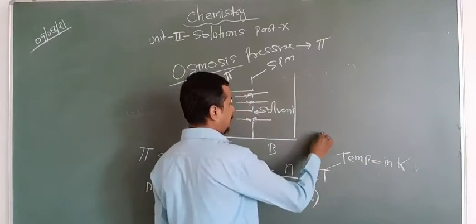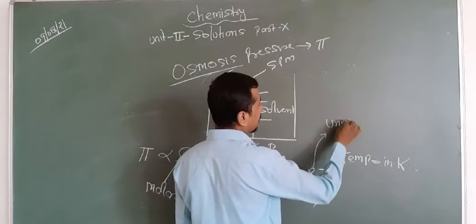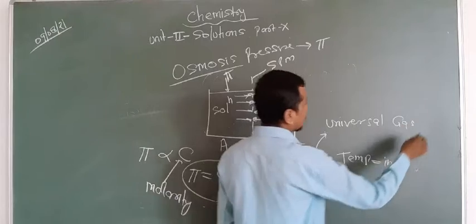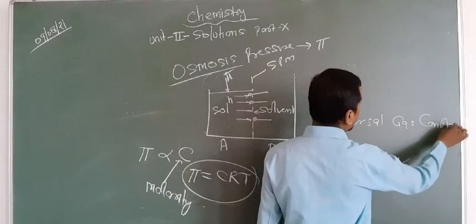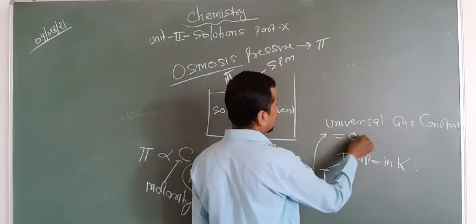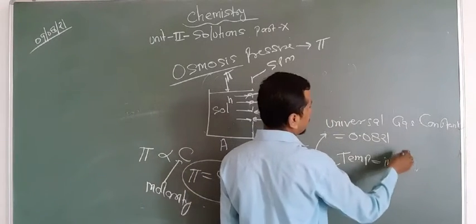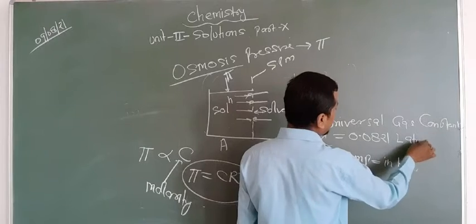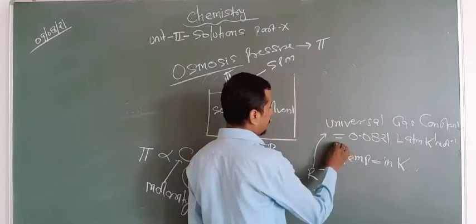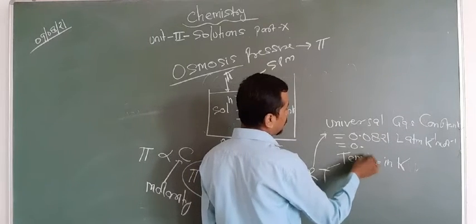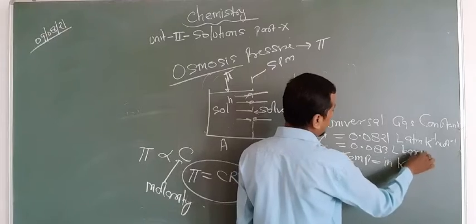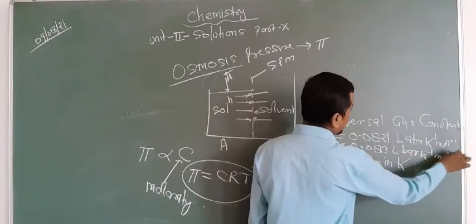R is known as the universal gas constant, and this is equal to 0.0821 liter atm per Kelvin per mole, or you can take 0.083 liter bar per Kelvin per mole.